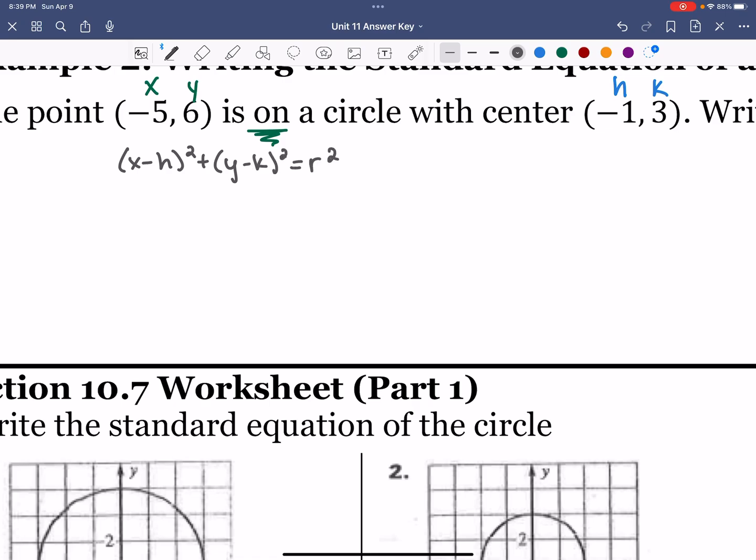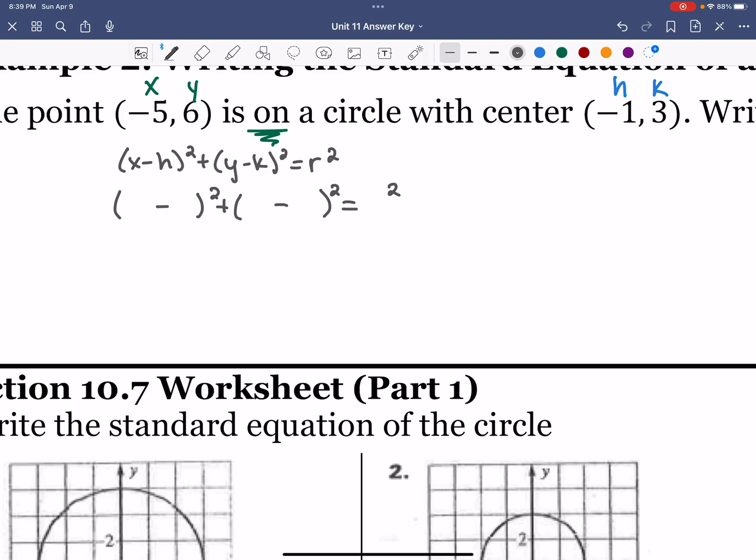And I need to figure out my radius because that's what I need left. So from here, I'm going to plug everything in and then solve for r. What I mean by that is just like if we needed to solve for our y-intercept, we would plug in a point on that line and solve for a y-intercept using the slope that we are given.